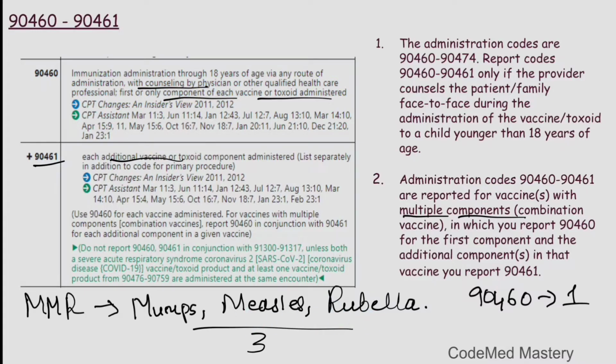So for that we should use the code 90461. So 90461 we will use 2 times for the remaining 2 components. Like this you will use the codes 90460 and 90461 if the provider counsels the patient, and also you will code it on the basis of multiple components.